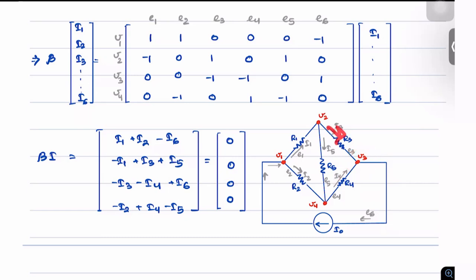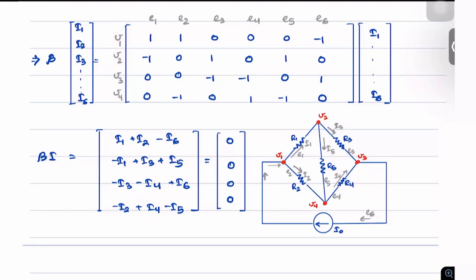The first one is I3 and the second one is I4. Both of them here have a negative sign and I6 is the current leaving, so this has a plus sign. Similarly, for node number 4, I2 and I5 are entering, and what is leaving is I4, which has a positive sign.